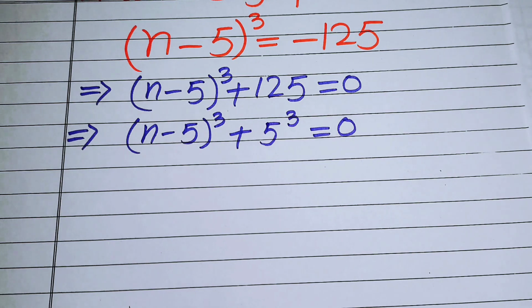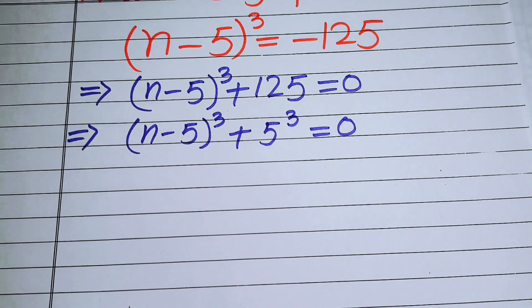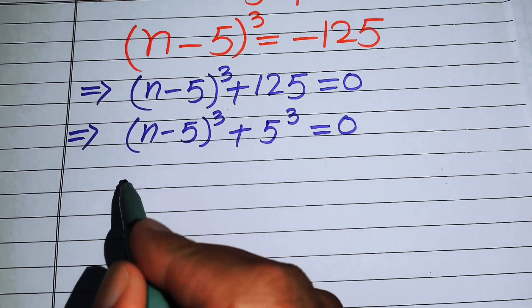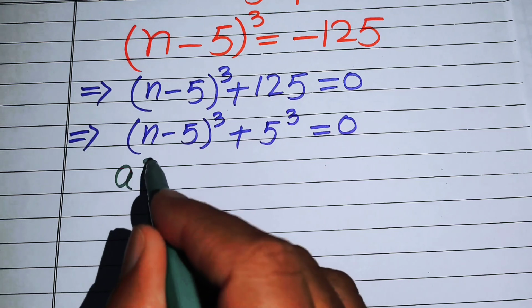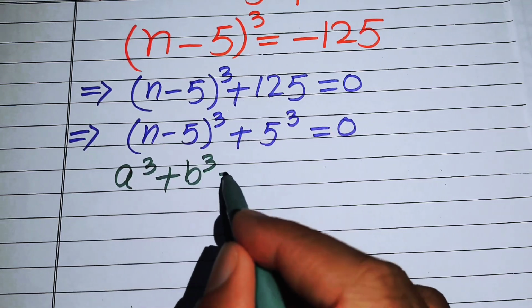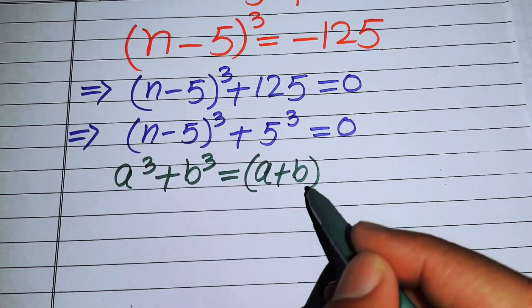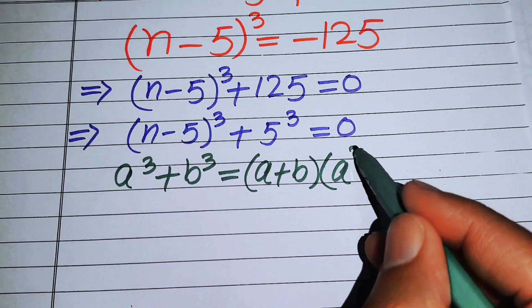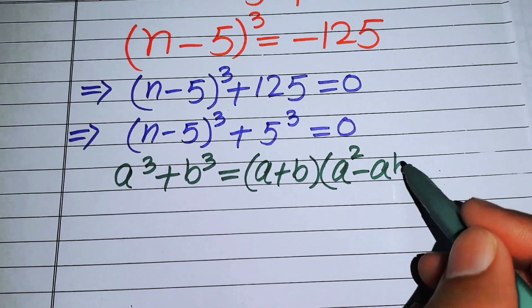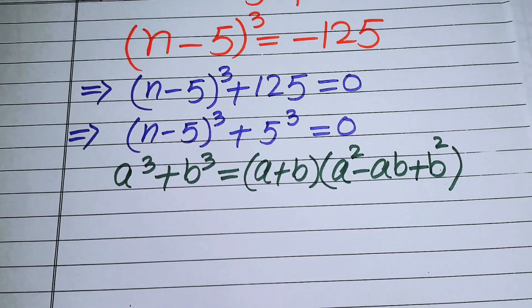So here you focus on the left hand side, and you see that here we need to use an important cubic formula. You know that about this formula, if we have a cubed plus b cubed, it is equals to (a plus b) times (a squared minus ab plus b squared).